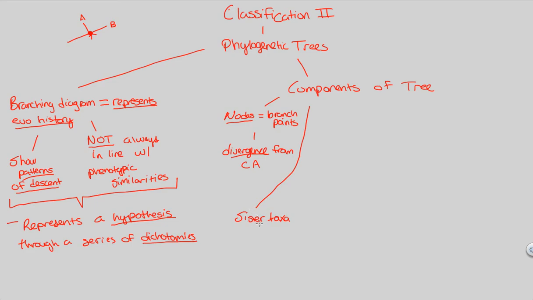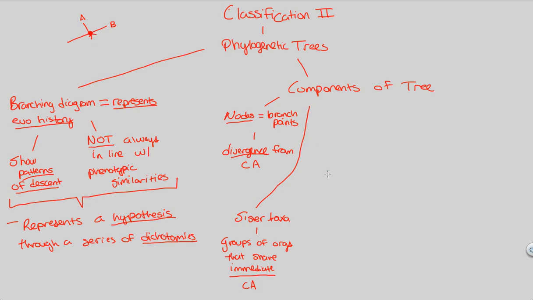Sister taxa are defined as groups of organisms that share an immediate common ancestor. That share immediate, that's the key word here. It has to be a quite recent and very, very similar common ancestor, AKA the A and B right here. These are both sister taxa because they both share a quite immediate common ancestor right at that branch node point that we already drew.